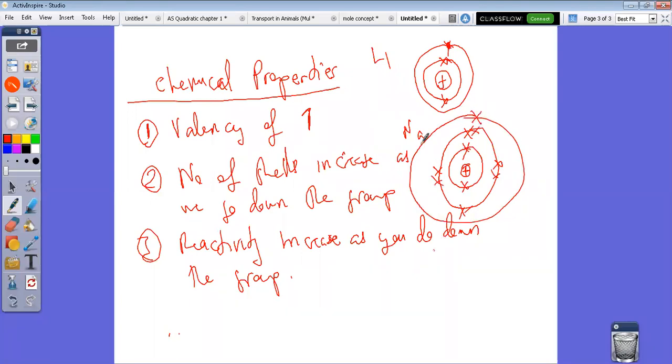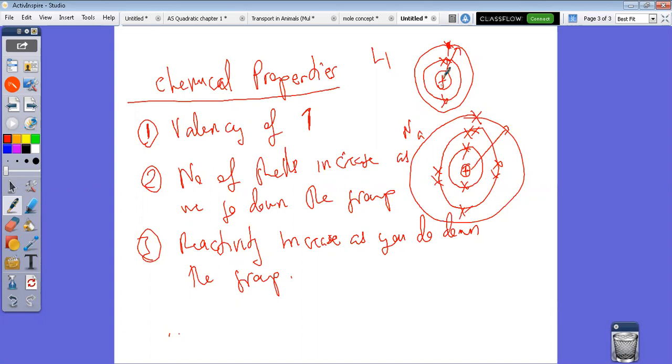8. So what happens as we go down the group? We move further away. Look at the distance here. We move further away from the what? From the nucleus. Concentrate on the valence electron, which moves further away from the nucleus.